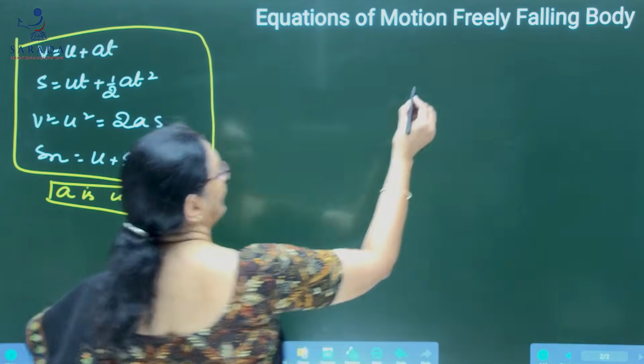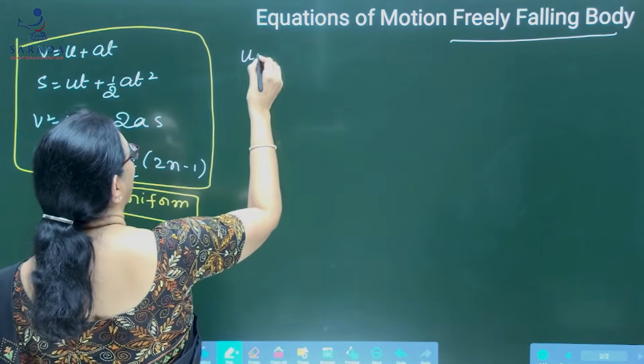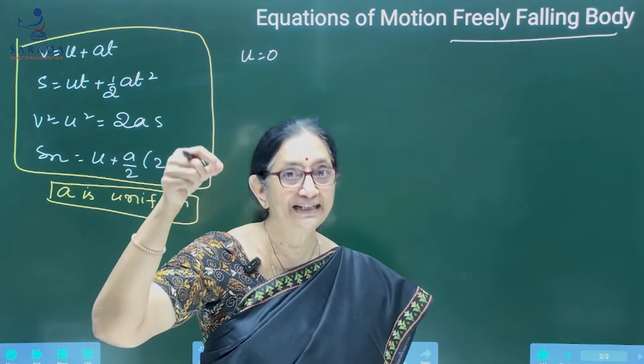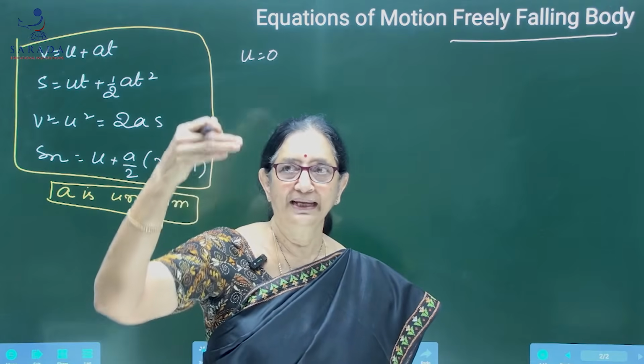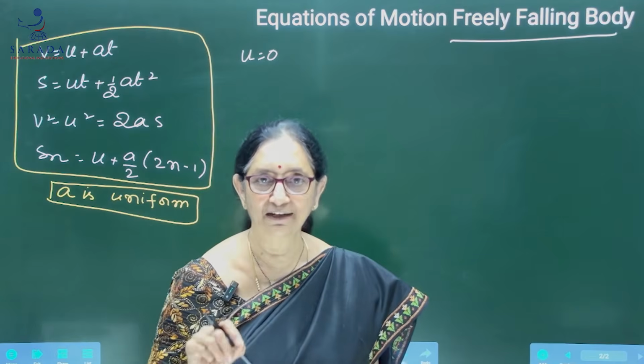Now, in case of a freely falling body, initial velocity is 0. When a body is dropped, its initial velocity is 0. It acquires velocity because of gravitational force.